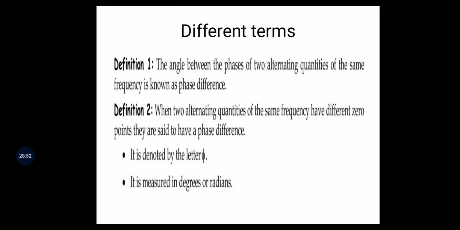Next, we are discussing phase difference. The angle between the phases of two alternating quantities of the same frequency is known as phase difference. So when we talk about phase difference, we take two alternating quantities that have the same frequency.